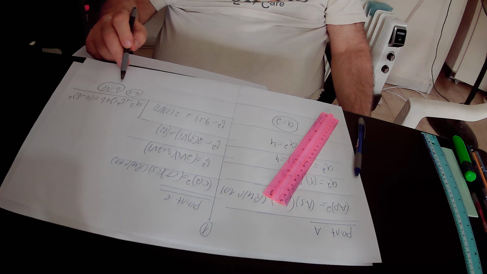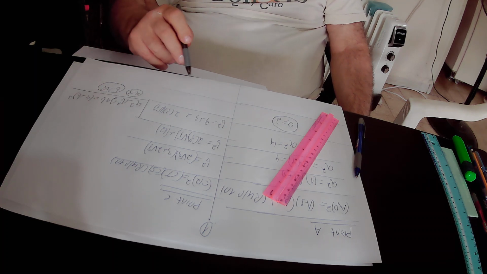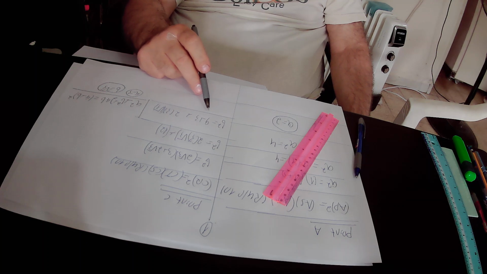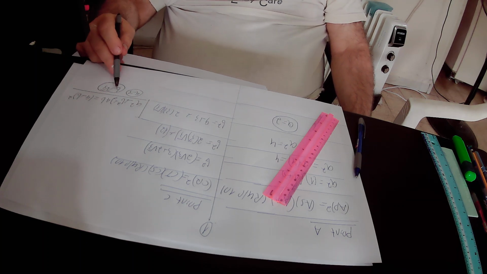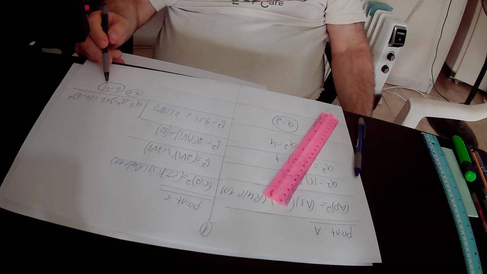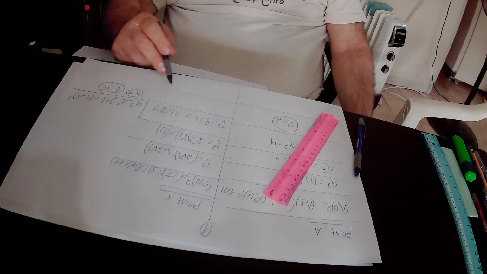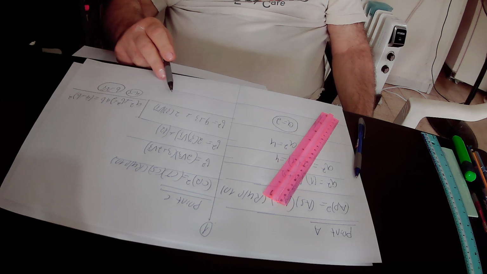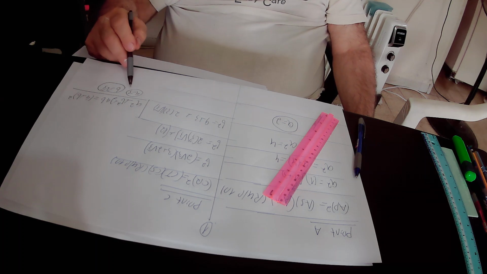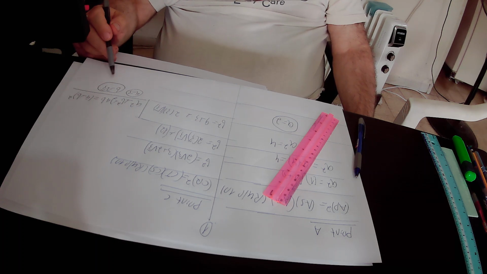B equals square root of 3, therefore B squared is the square root of 3 squared, that is 3. So we have 9 plus 3, plus 2 times A, that is 3, times B, that is square root of 3.